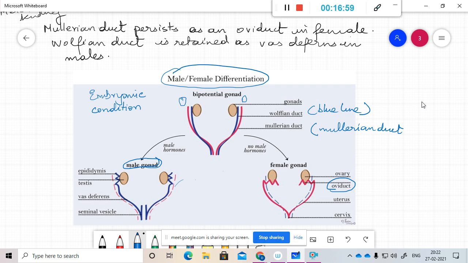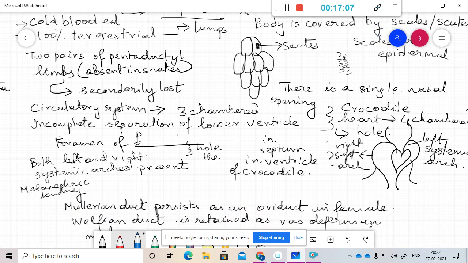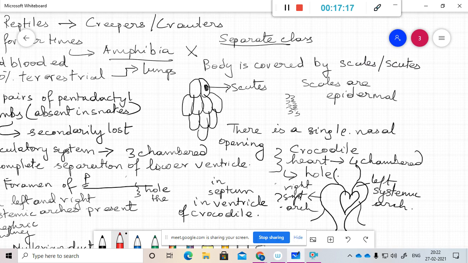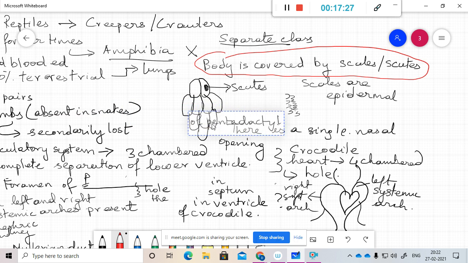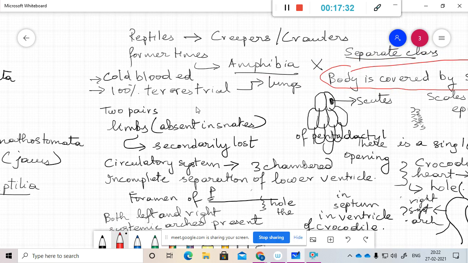Okay, so the most important characteristic of a reptile is that its body is covered by scales and scutes, and they are cold-blooded, 100% terrestrial.